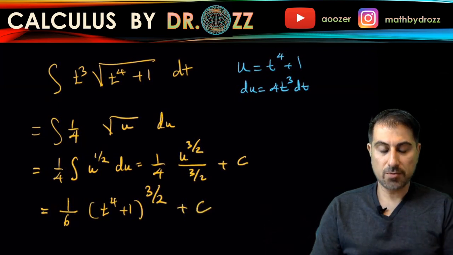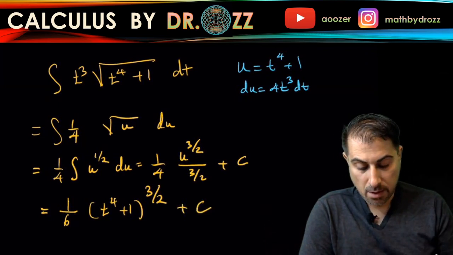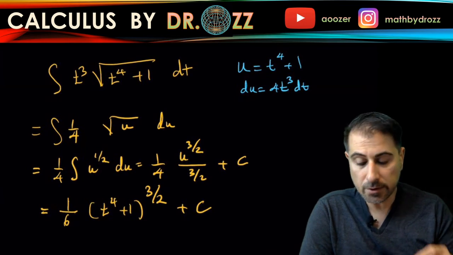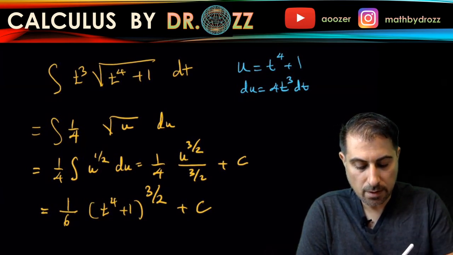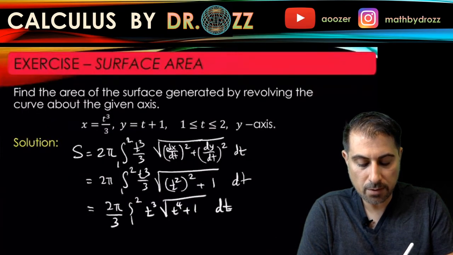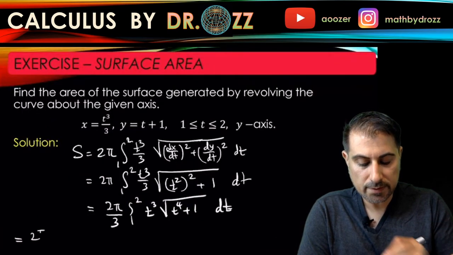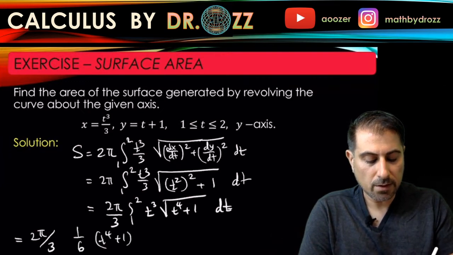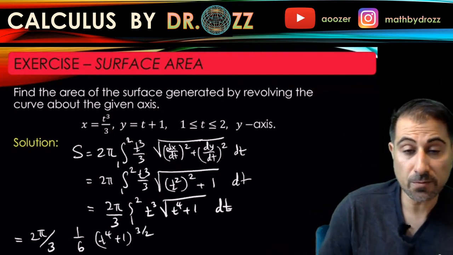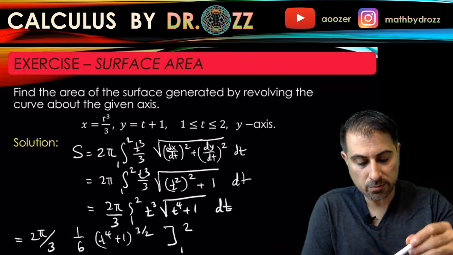All right, so I'm going to use this towards my calculation of the definite integral here. So you have 1/6, 2 pi over 3. Let's just continue from here. 2 pi over 3, 1/6, t to the 4th plus 1 to the power of 3/2, with limits from 1 to 2. There's no integration anymore because we're done.